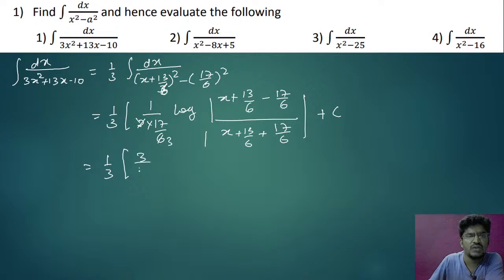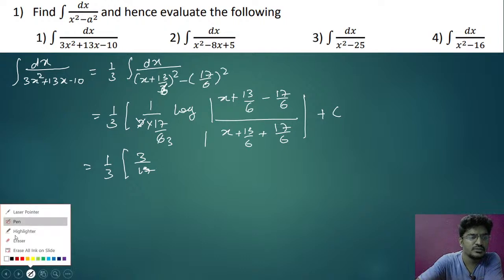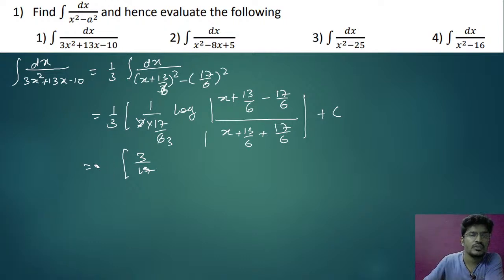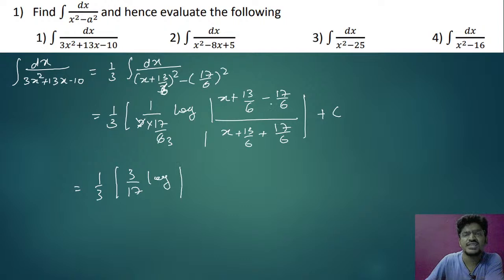So therefore 1 by 3, this will be 2 into 1, 2 into 3. So that will be 3 by 17, 1 by 3 into 3 by 17, 3 by 17 log of mod of 13 by 6 minus 17 by 6 is x minus 4 by 6, divided by, here x plus 13 plus 17, it will be 30 by 6 plus c.